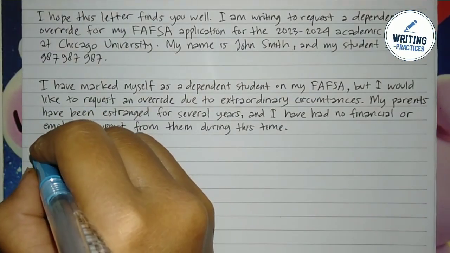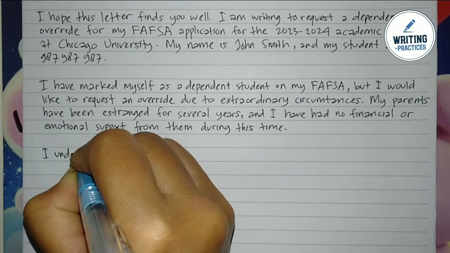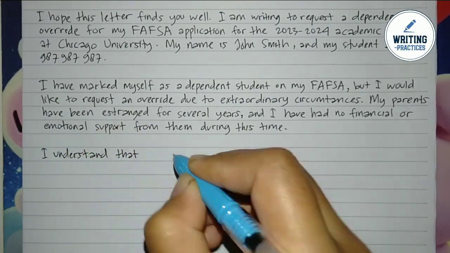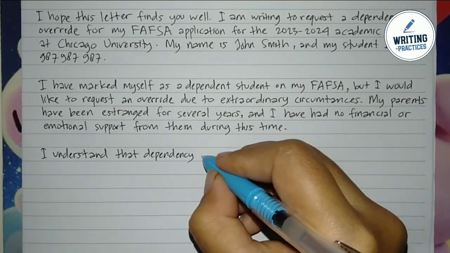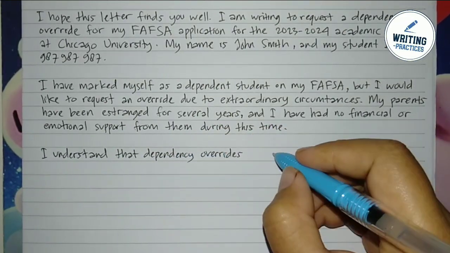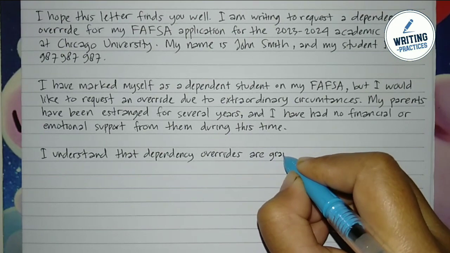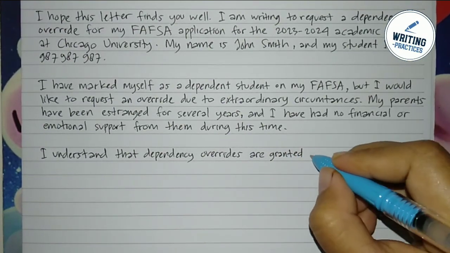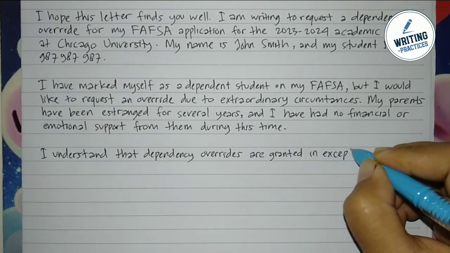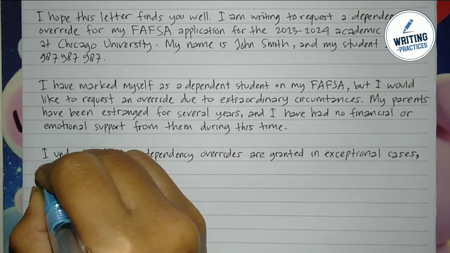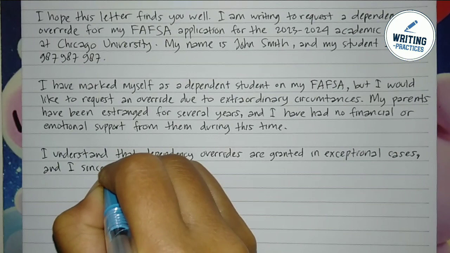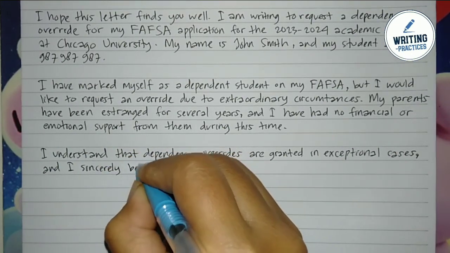In the third paragraph, this is where you convince the recipient. You may have read the policies, qualifications and so on before writing this. Just write your understanding that your situation qualifies as written in the policies. You can write, I am providing documents, including legal separation records and affidavits from individuals who are aware of my family's situation, to verify my situation.